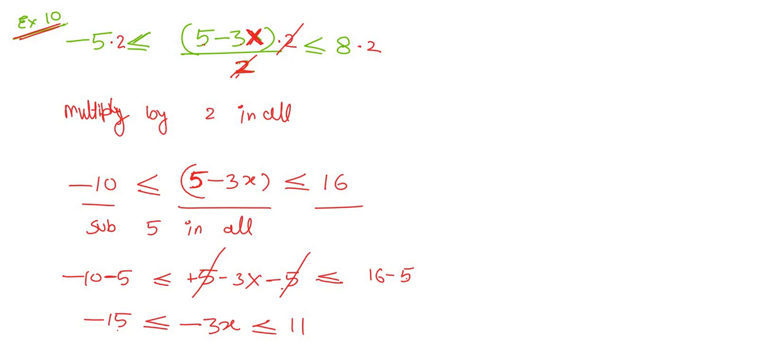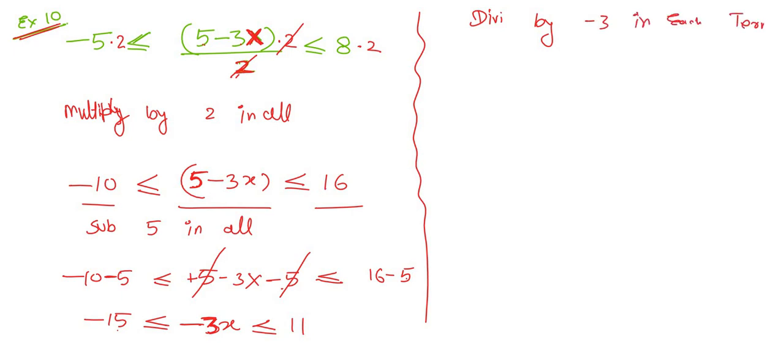Okay. Now we don't want minus 3. So how to get rid of it? We have to divide by minus 3 in each term. Okay. So always remember in inequalities, dividing by a positive number is not a problem.